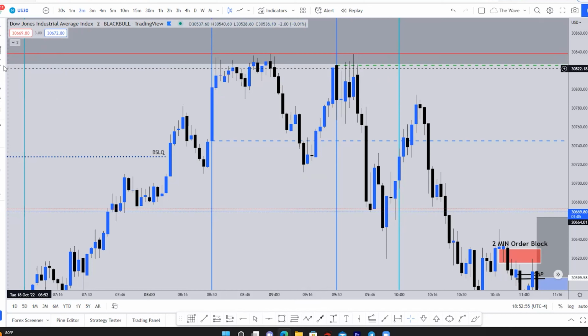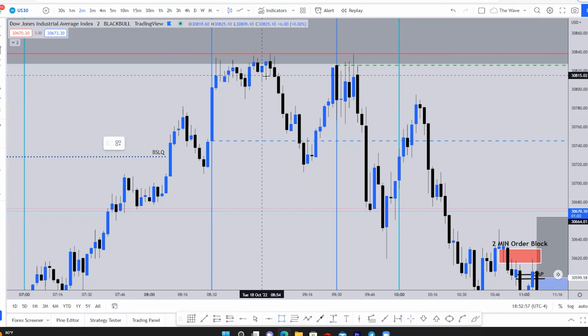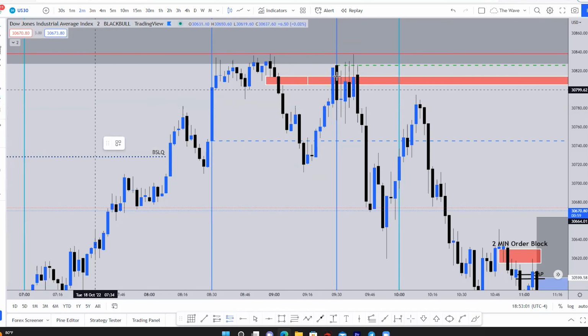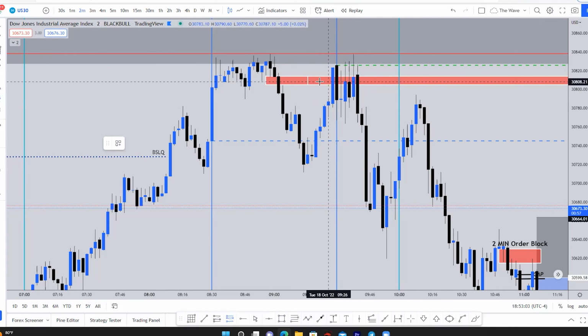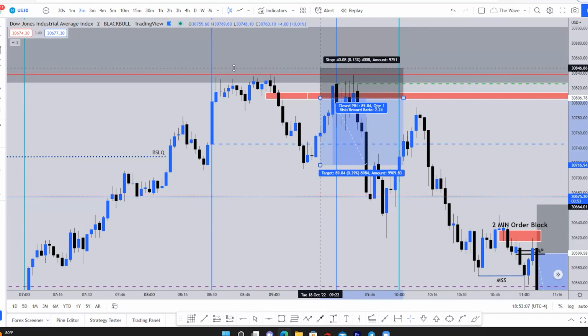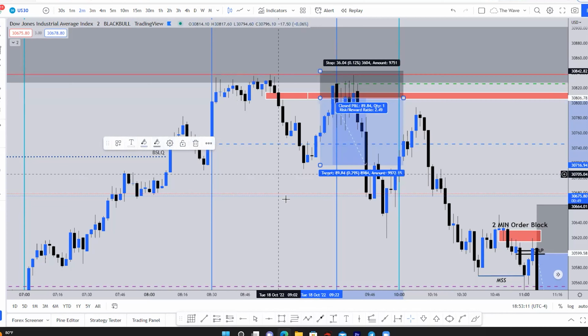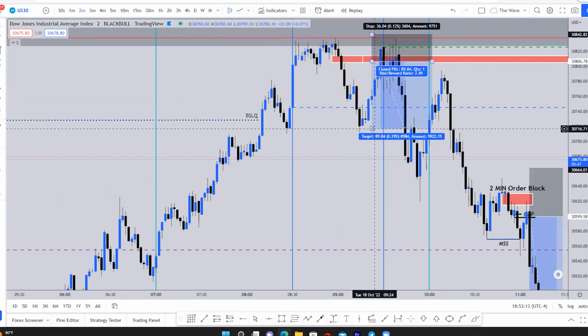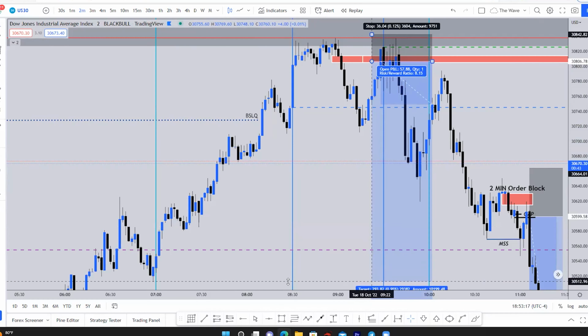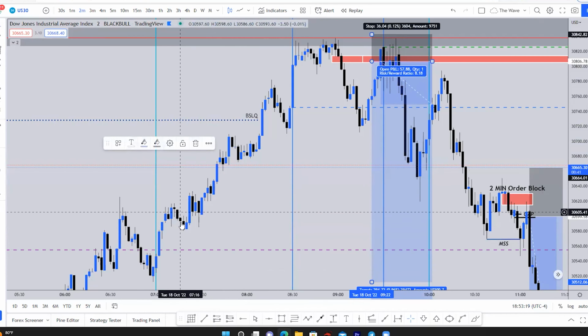If you wanted to get in early, you have this gap here, which you could set your short position. Stops just above these highs here or even there, and then target to the left any PD arrays like this gap.